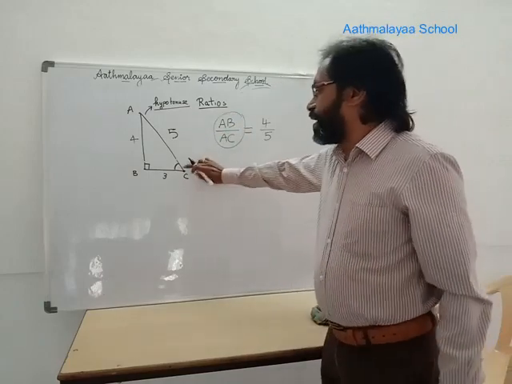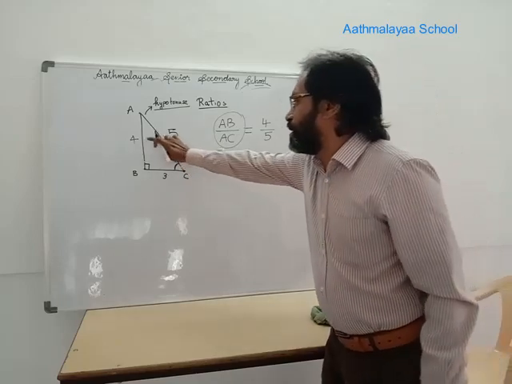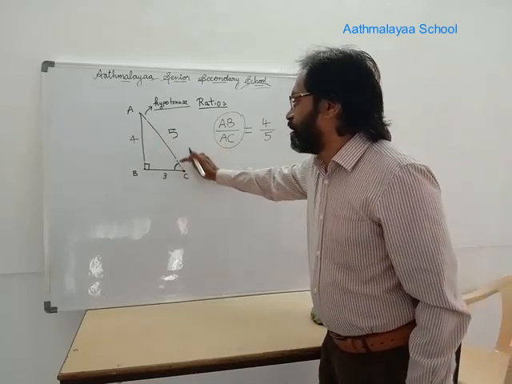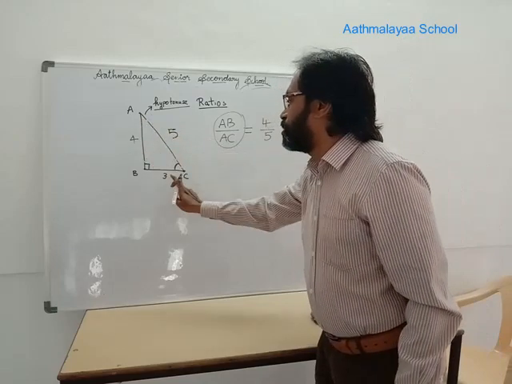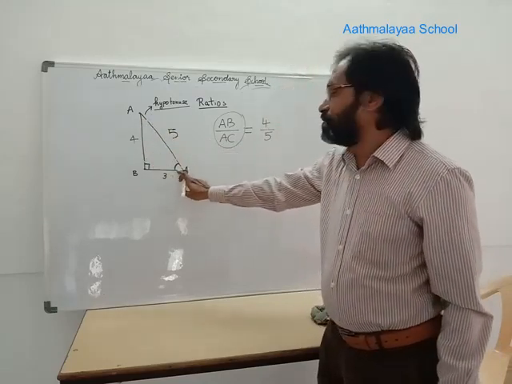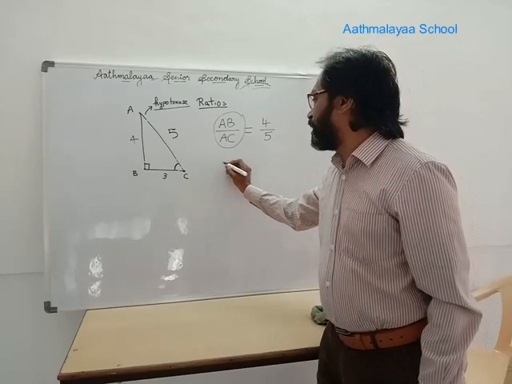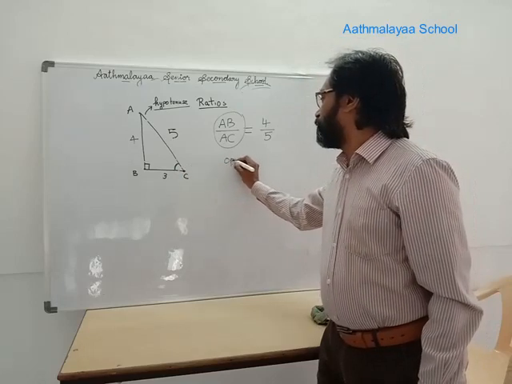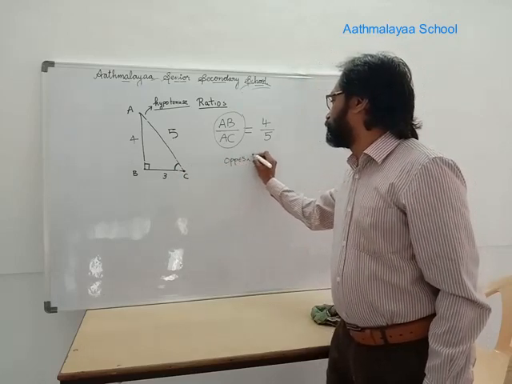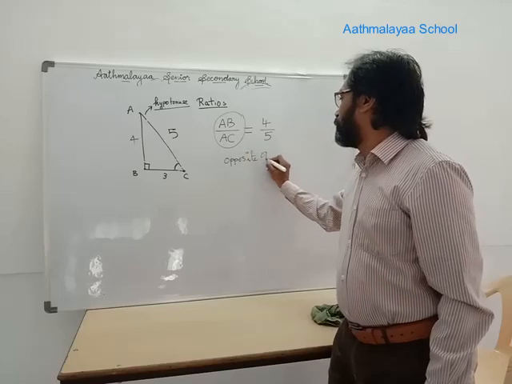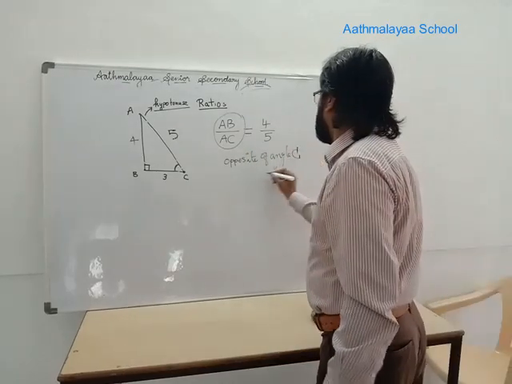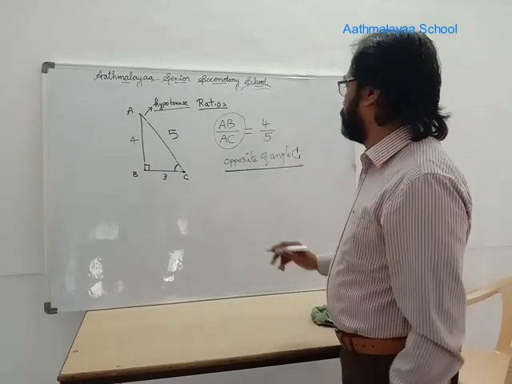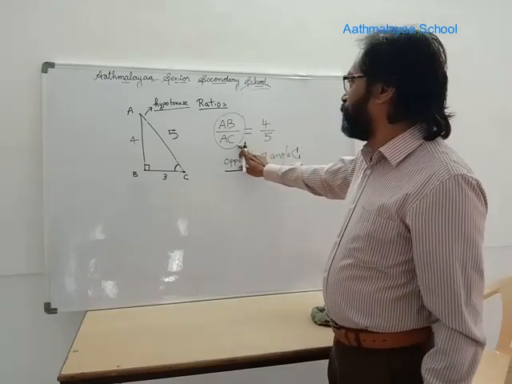We are interested in AB by AC. With reference to angle C, what is AB? With reference to angle C, AB is opposite of angle C. So what I can do is I can write opposite of angle C divided by AC. I gave it a special name.